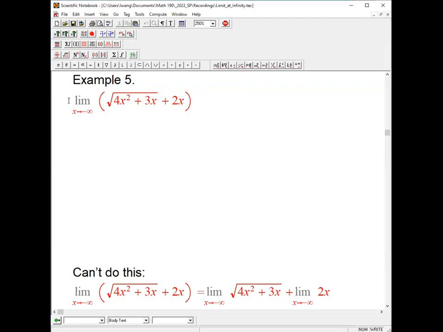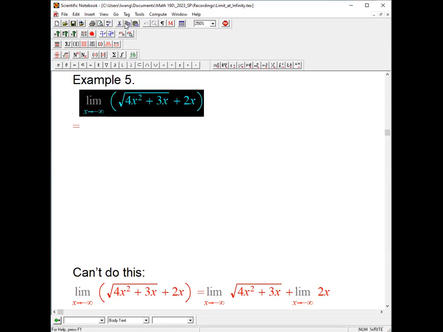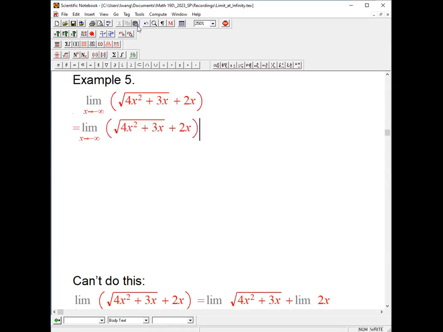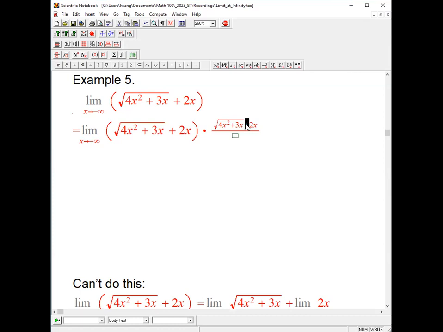Okay, so what can we do? You probably guessed it. This is a similar type where you're going to need to do rationalization. Rationalizing the numerator by multiplying by 1, and you're going to multiply by the conjugate. The conjugate of this piece is, of course, minus 2x. In what kind of setting?